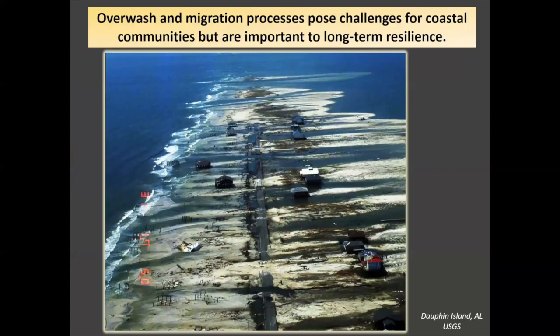So these overwash and migration processes are important, and they're also incredibly challenging. They pose significant challenges to coastal communities. These actions that are understandably taken that seem necessary for short-term resilience actually are in tension with the long-term maintenance and long-term resilience of the coastal landscape on which communities rely.